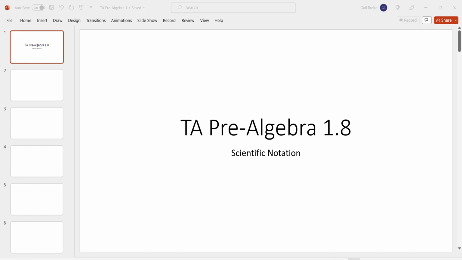Alright, so if a nanometer is equal to 0.0000000001 meter, a billionth of a meter, then we would say that's equal to 10 to the -9 meters.